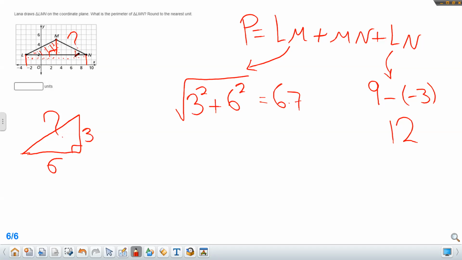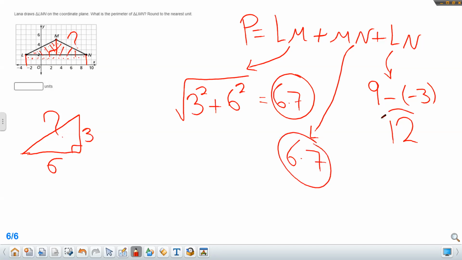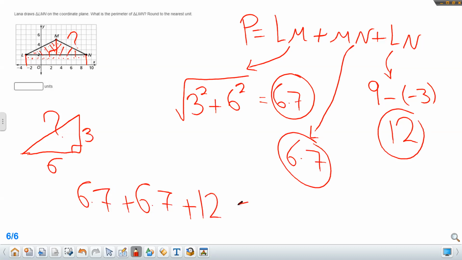And we notice how to find MN by the same way. You have another right triangle. So you have 3 and 6. So the same triangle. So MN also equals 6.7. So how to find the perimeter? The perimeter of the triangle equals the sum of the three sides: 6.7 plus 6.7 plus 12.